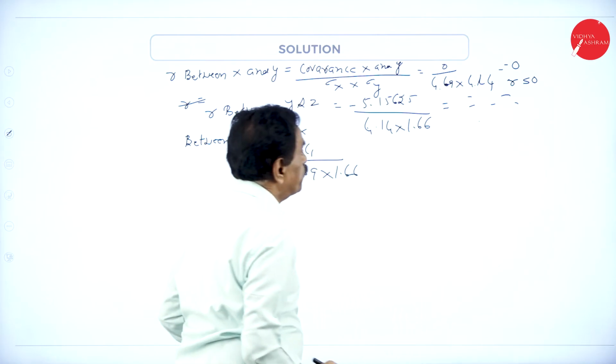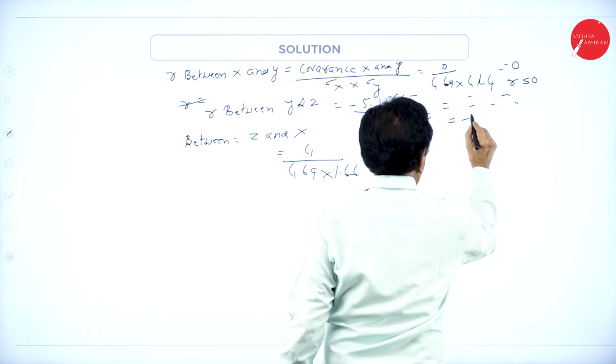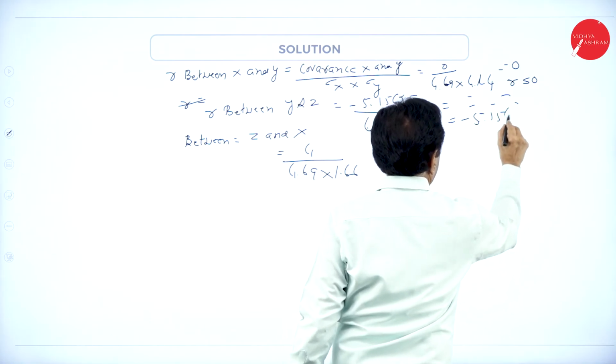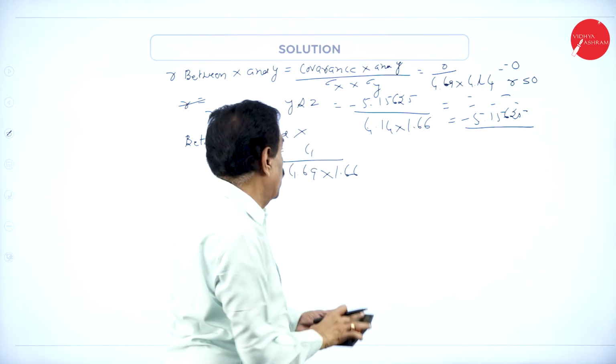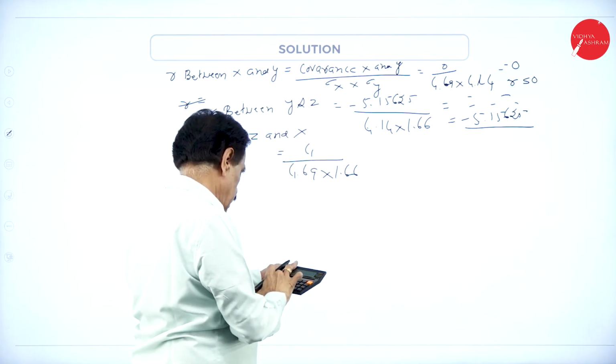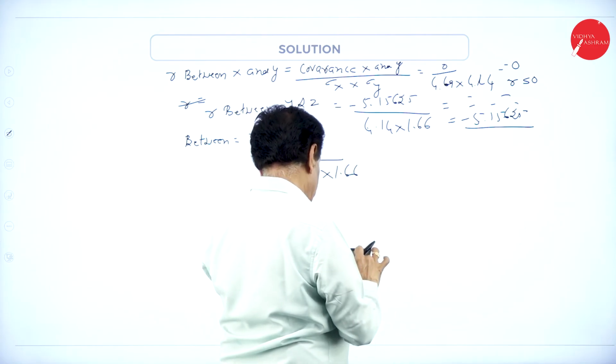Simplify. This is minus 5.15625 divided by 4.14 into 1.66.